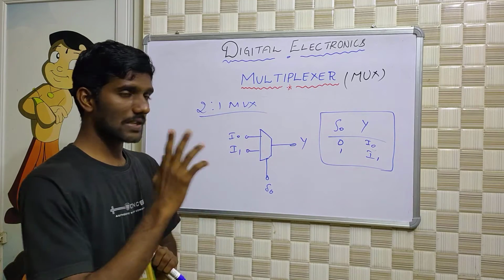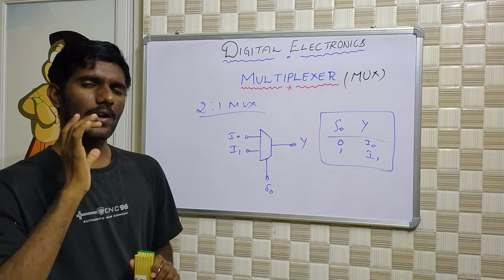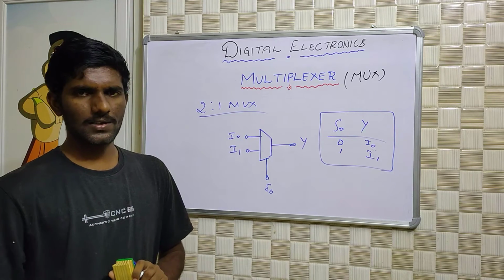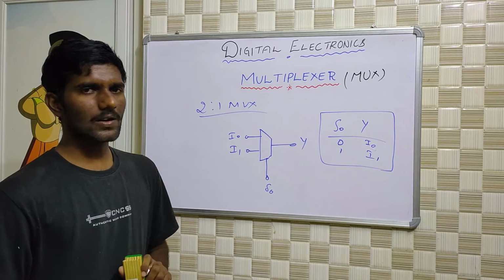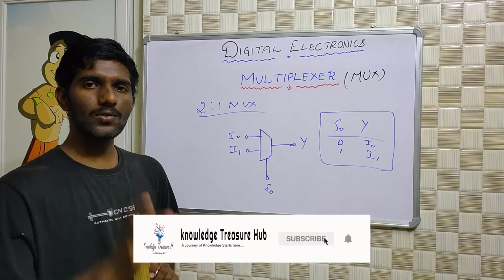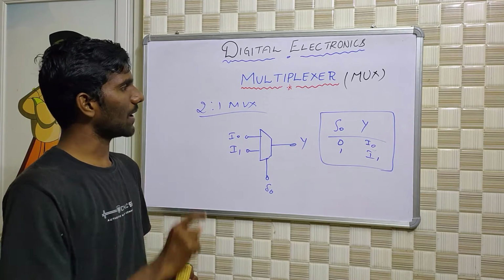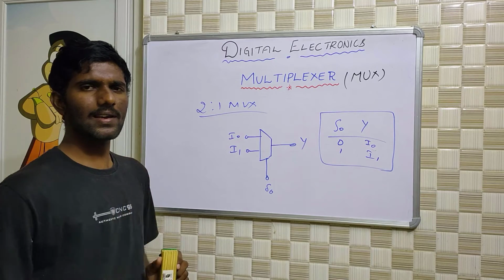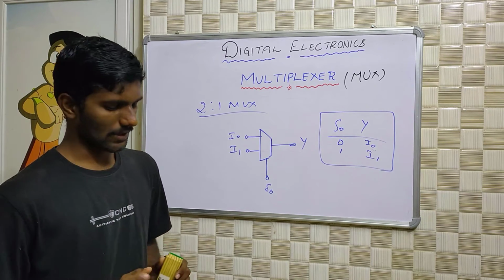Same, by using multiplexer also, we can implement any logic circuit, any logic gate. Because of that, we are calling this multiplexer a universal logic circuit. We can implement any logic equation, any logic gate, any logic circuit.